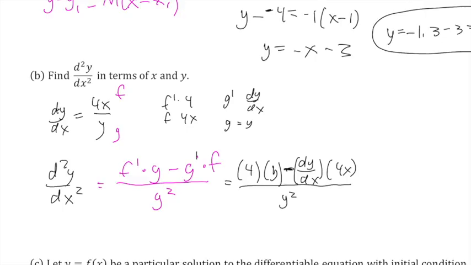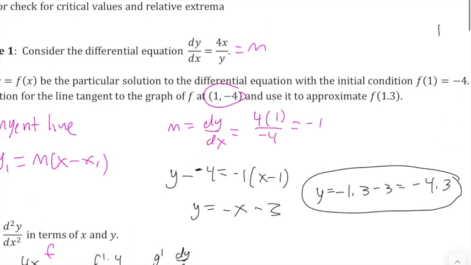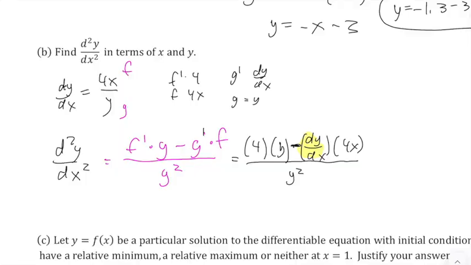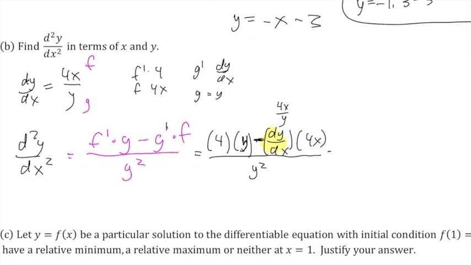Now, notice that we have the first derivative again. We do have an equation for the first derivative here, so we're going to substitute 4x divided by y into this equation. So this is going to be 4y minus 16x squared over y, all divided by y squared.